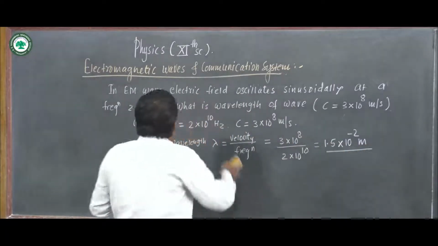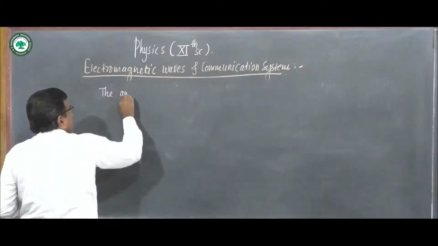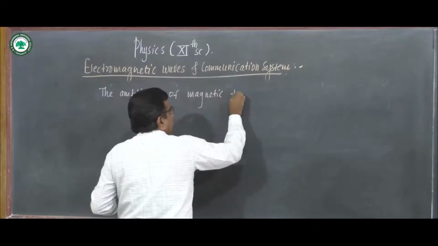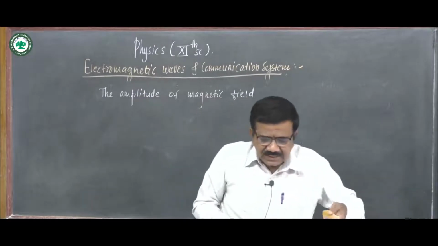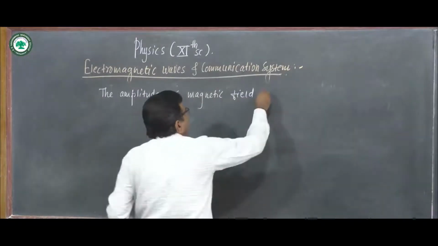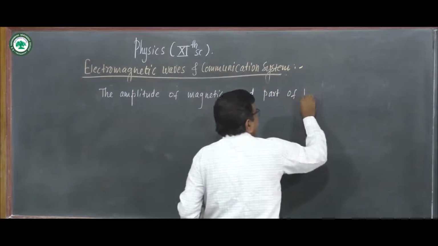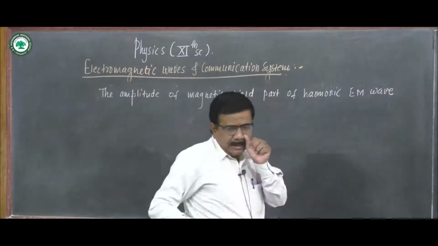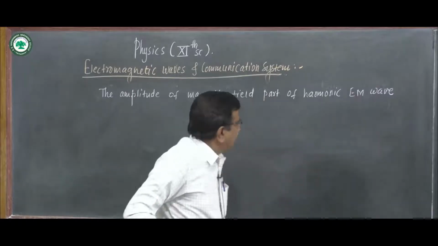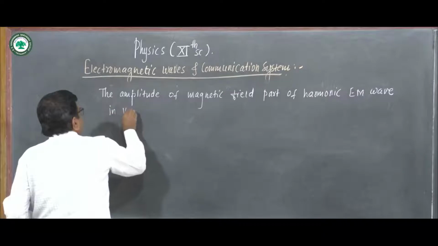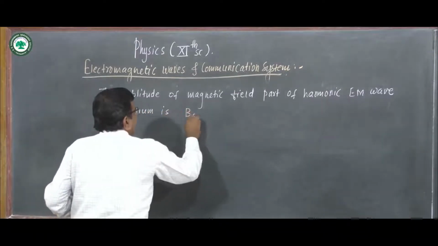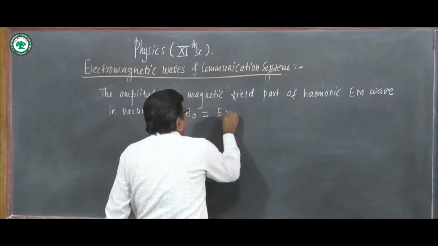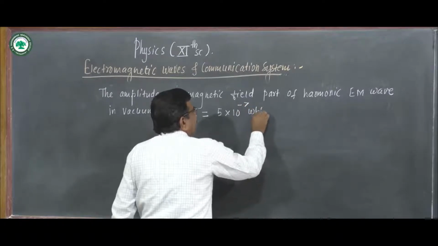The next: the amplitude of the magnetic field part of a harmonic electromagnetic wave in vacuum, denoted by B0, is 5 into 10 raised to minus 7 Tesla, or Weber per meter square, one and the same.